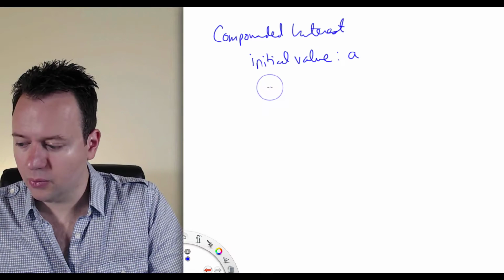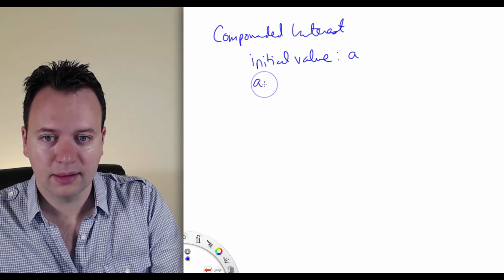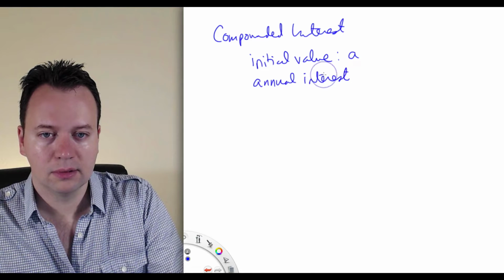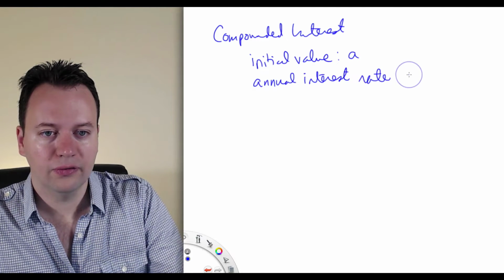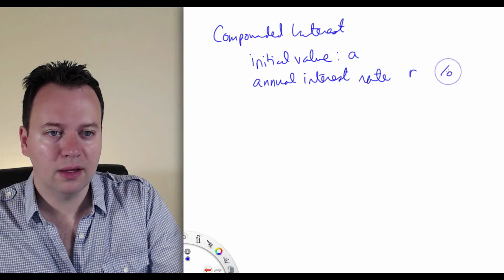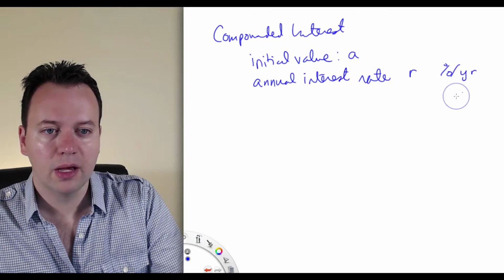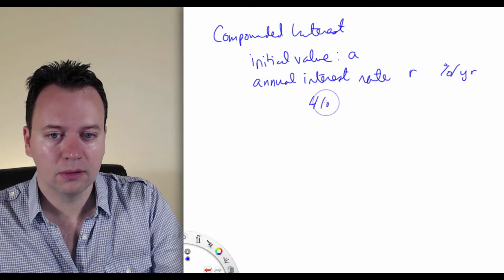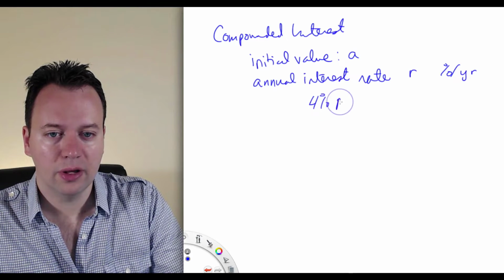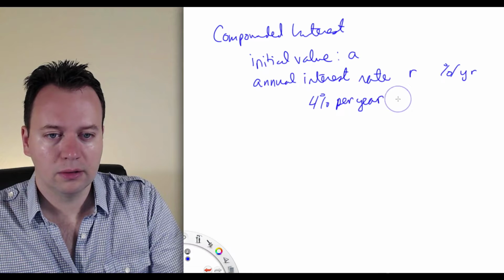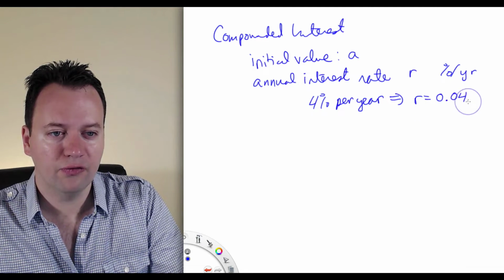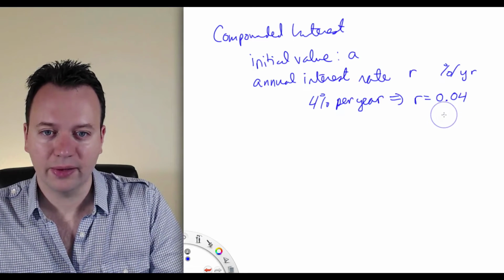And then we have an annual interest rate of R, in percent per year. So for example, if you have 4% interest per year, that would yield a value of R as 0.04.